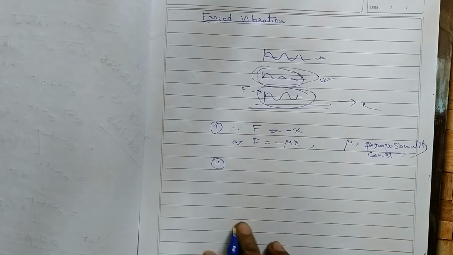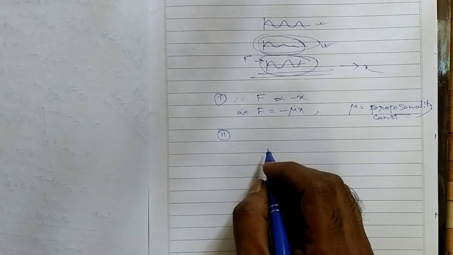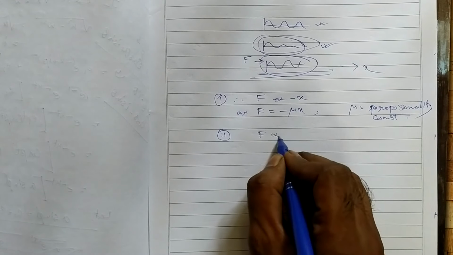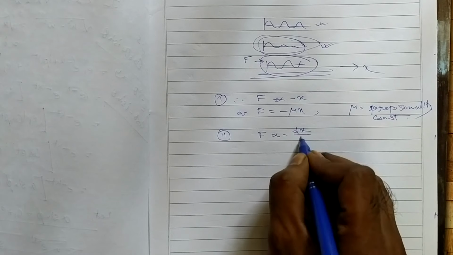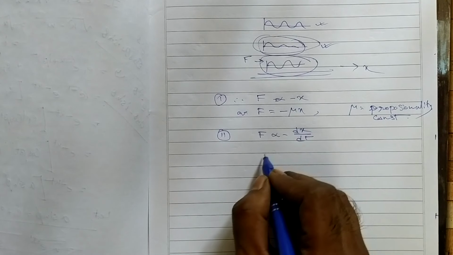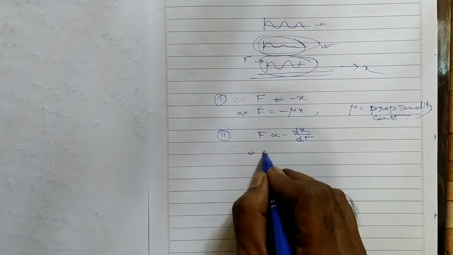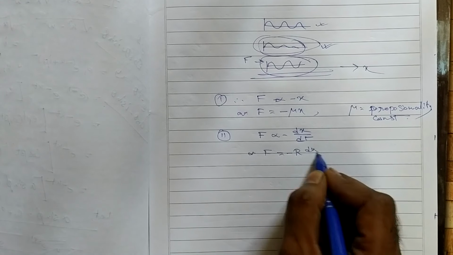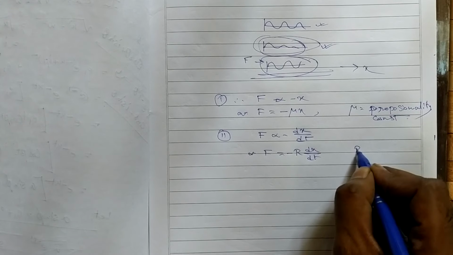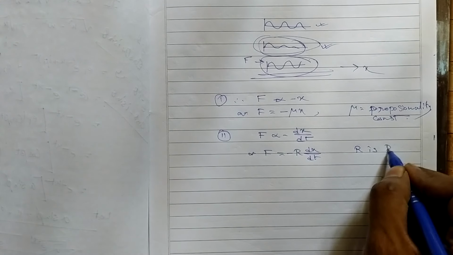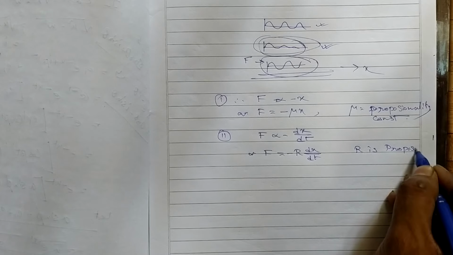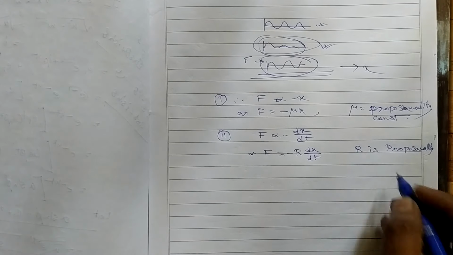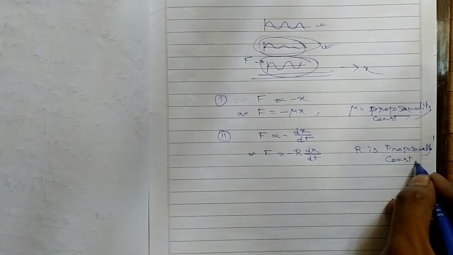In the second case, force is also proportional to minus dx/dt, which comes from the damped part. So F is equal to minus r into dx/dt, where r is also a proportionality constant. Clear?